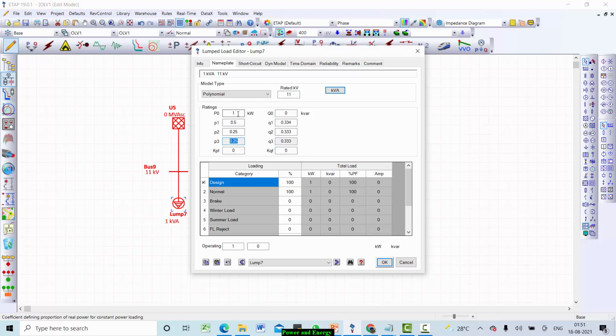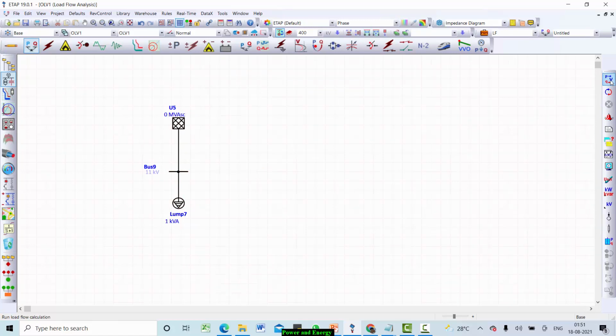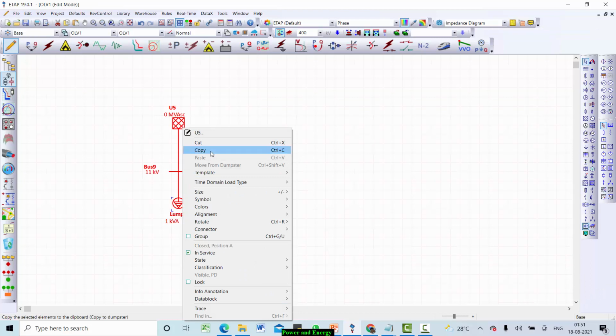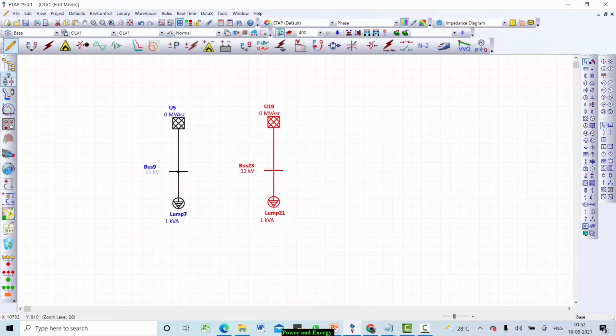Now for 11 kV, what is the power taken by this load? Let me check it out. So for 11 kV, as usual, 1 kilowatt is the power drawn by this. Now let me go for the same SLD. Paste it here.